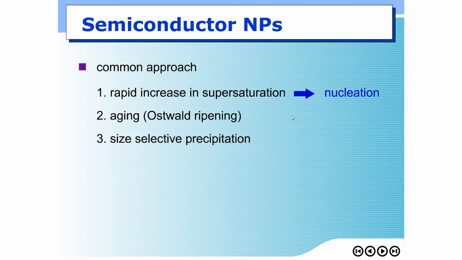But in this case, we need extra steps, which is called aging. In this aging, we really want crystal growth. You might wonder why. Why do we need the growth? Normally, we do not want growth at all. We want to limit growth. In this case, growth is required so that the size of all particles will be similar.